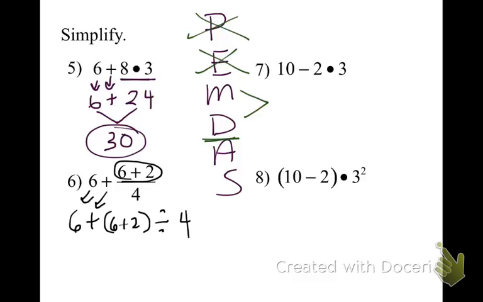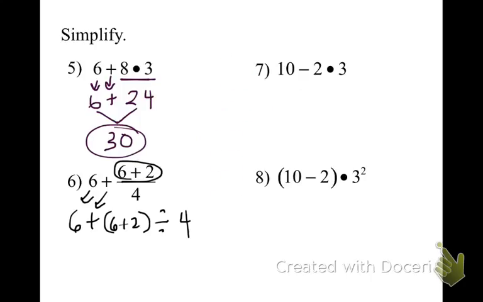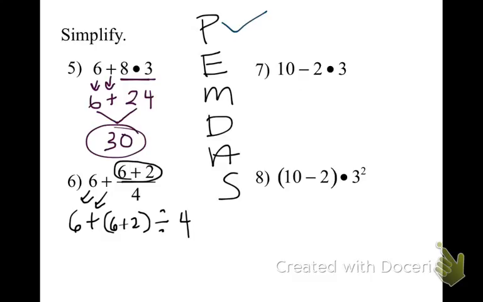Then when we rewrite it, what do you notice? All of a sudden we have a parenthesis, so I have to redo my PEMDAS. And now, what do I do first? I have to do my parentheses first. So I have 6 plus 2, 8, division sign, 4.